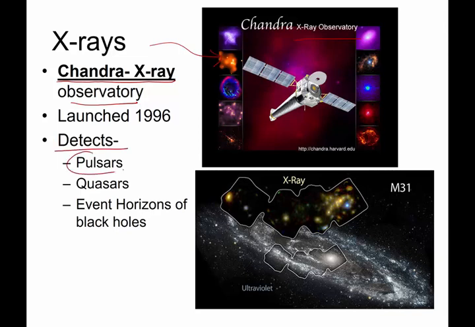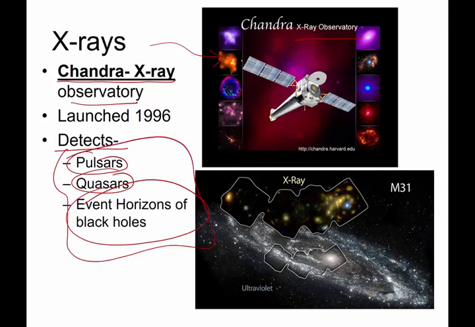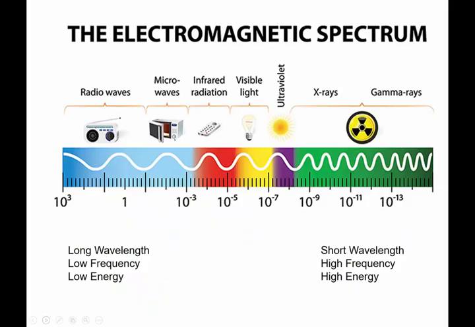Things like pulsars, quasars, and the event horizons of black holes. And we will talk about all of those in due time. But we can actually see some of the most violent and most energetic high energy events in space by looking in the X-ray portion of the spectrum.